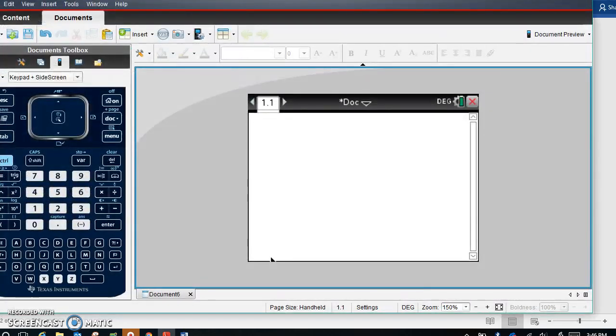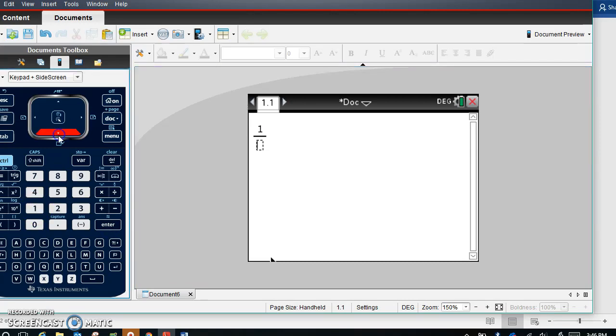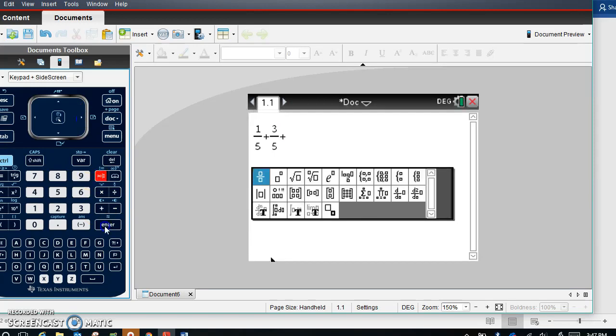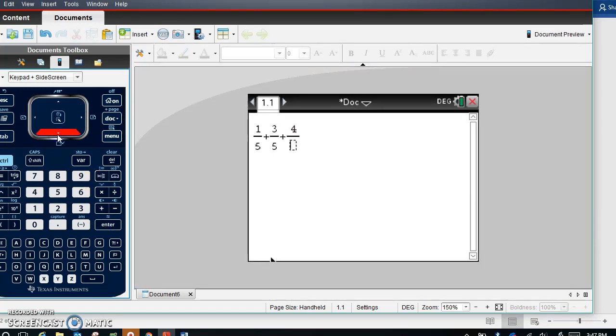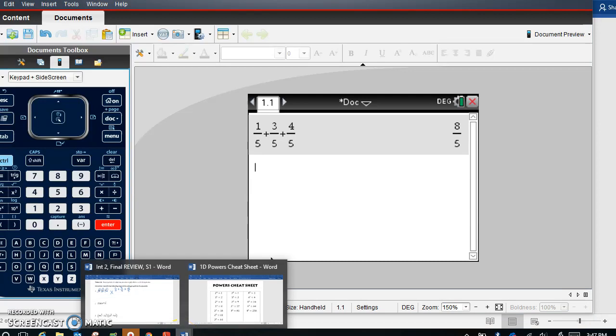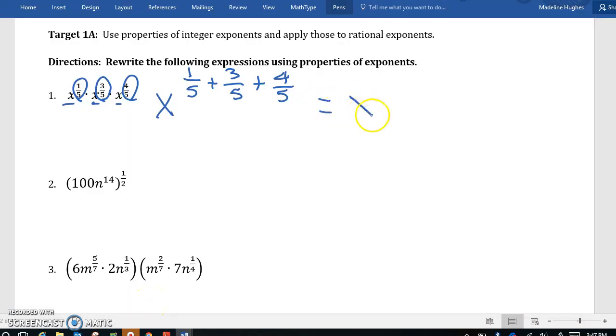So over here, my fraction button, I have 1/5, arrow to the right, plus fraction button, 3/5, plus fraction button 4/5. Enter, we get 8/5. So back over here, x, our base stays, our exponent is 8/5. And that's our answer.